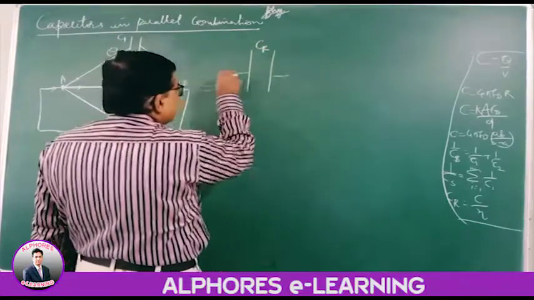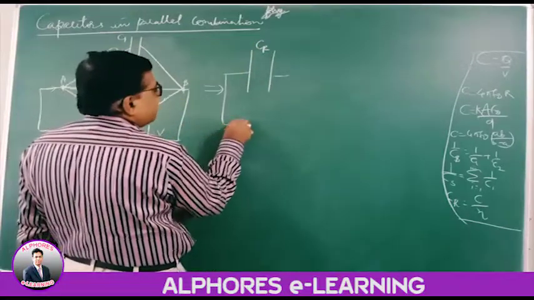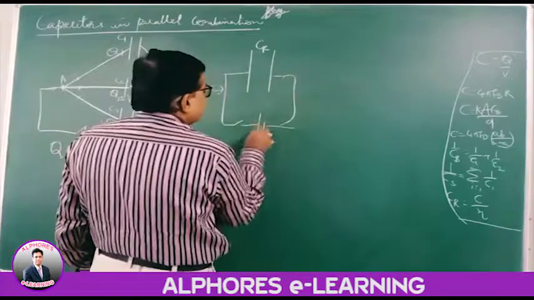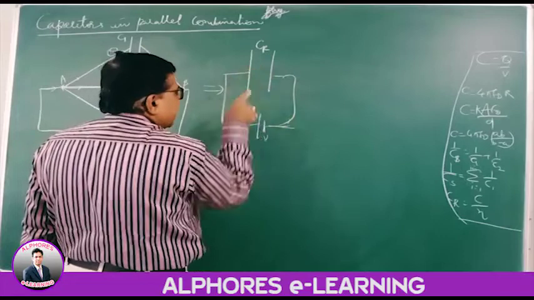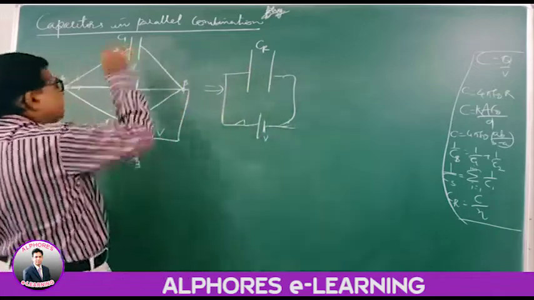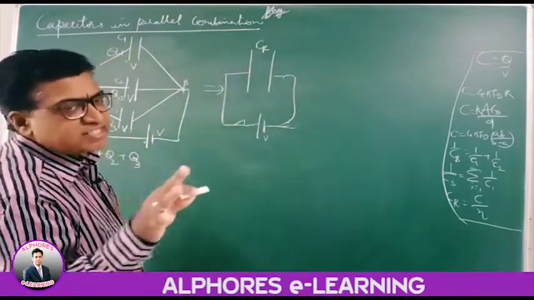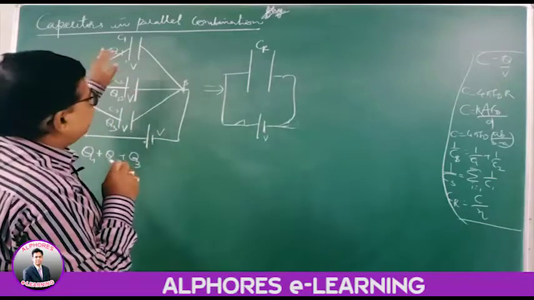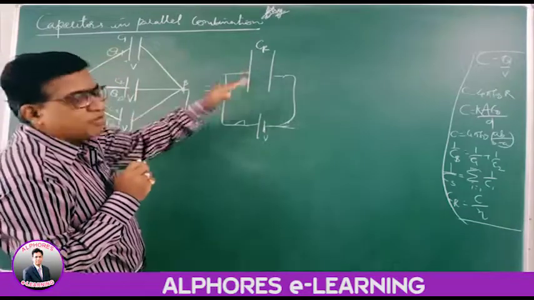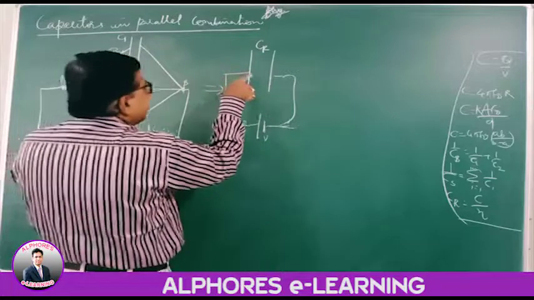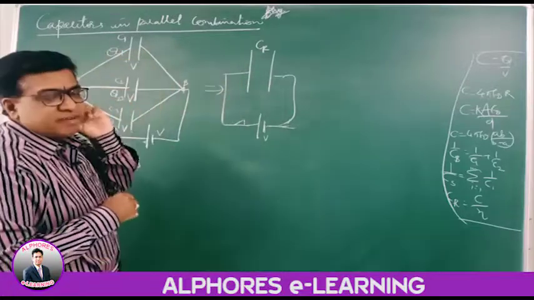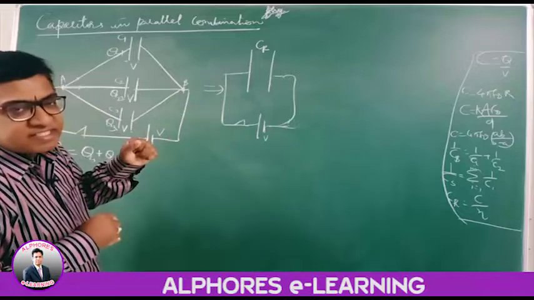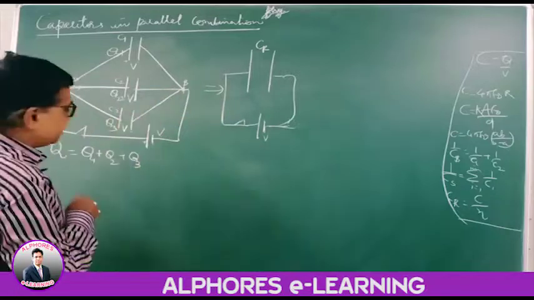Whether a single capacitor C resultant is connected to the battery with the help of a key, or these three in parallel, the effect is the same. So this is the equivalent capacity of these three capacitors.